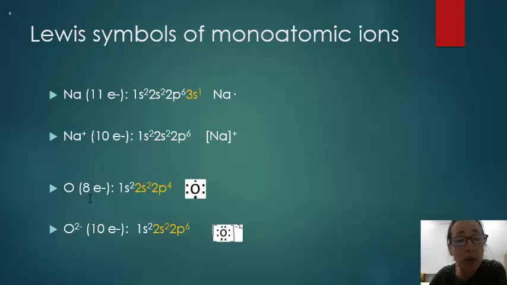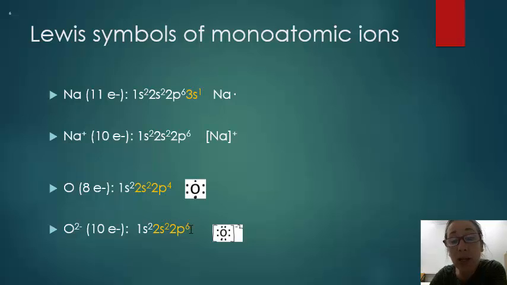Now oxygen. If we look at its electron configuration for the atom, here it is right here, and we see that there are 6 valence electrons, and here is the Lewis symbol for the oxygen atom. Now the oxide anion has 10 electrons. Oxygen has gained 2 electrons to get this filled S and P subshell, which is the same electron configuration as neon.